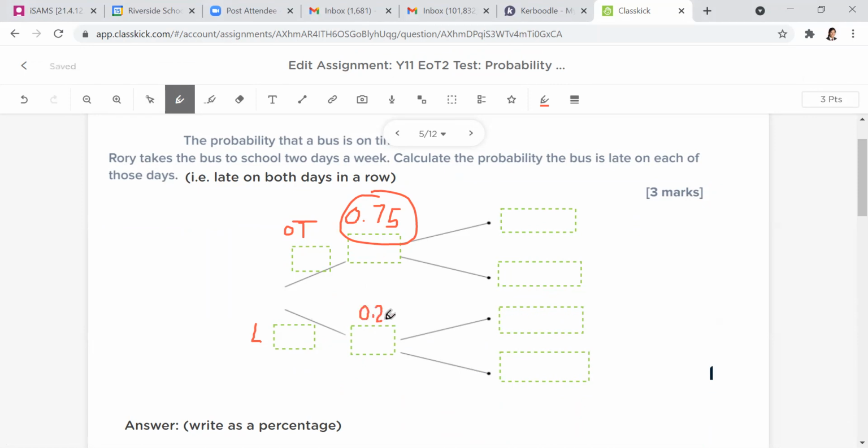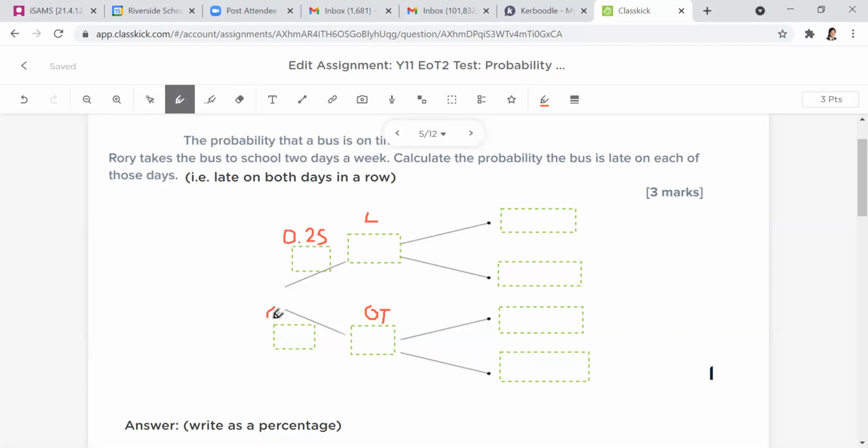Good, Martina, 0.25. And in fact, it would be late, late. You know what, guys, I did this the wrong way. This is late. This is on time.